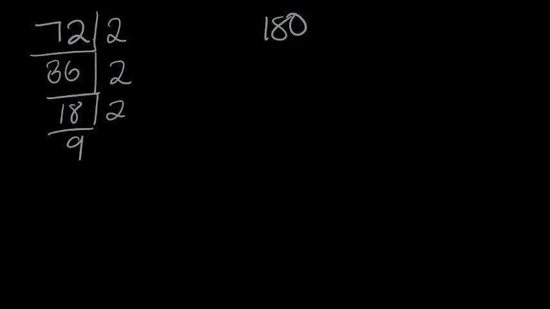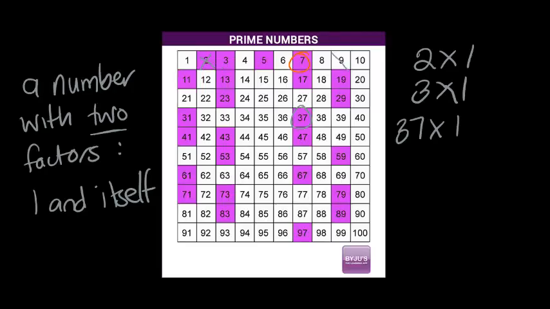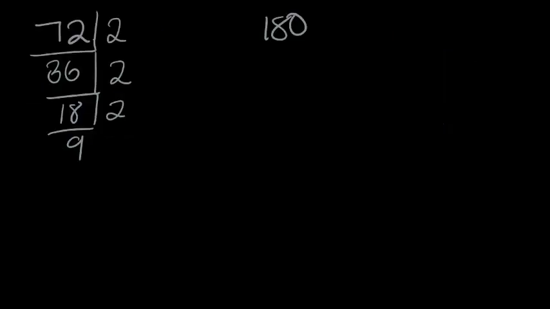I cannot half 9 because 9 is an odd number. 9 is also not a prime number. So I am going to go from 2 to the next one, which is 3. So does 3 go into 9? Yes, I can divide by 3. So 9 divided by 3 is 3. And 3 divided by 3 gives me 1. Once I have 1, that is where I stop.